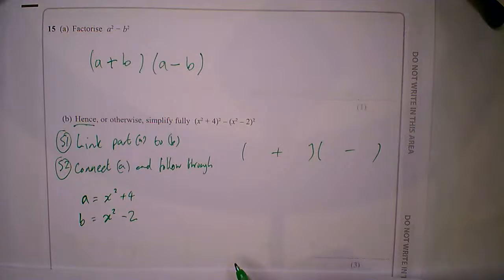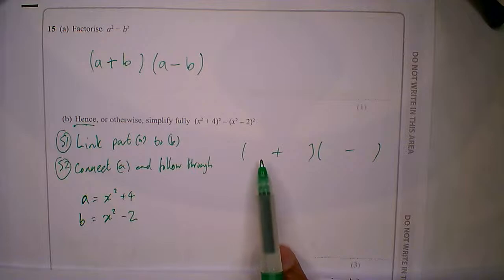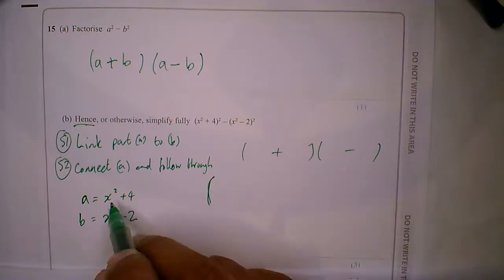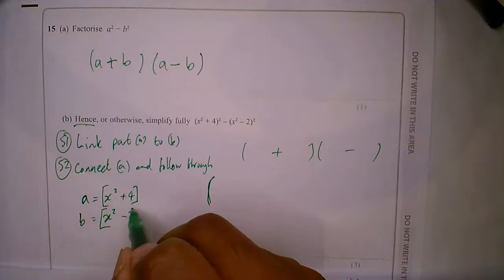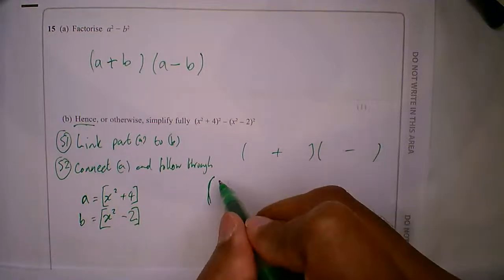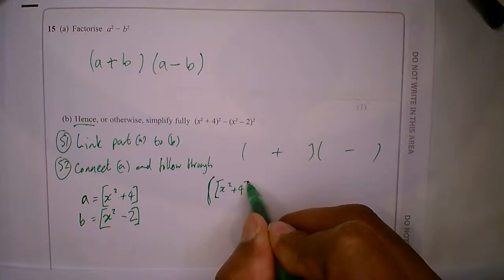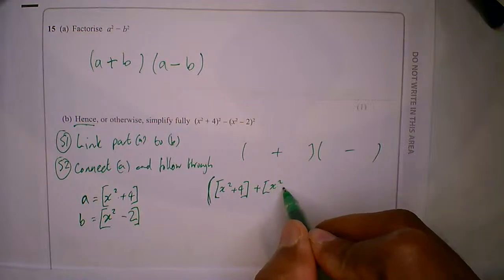Okay, so now I've made that connection, part A. Now I need to connect part A and follow through. So I need to put all of this into here. Because it's going to get confusing with round brackets, I'm going to introduce square brackets. So I'm going to put A in square brackets and B in square brackets. So, my A is x squared plus 4, plus B is x squared minus 2.